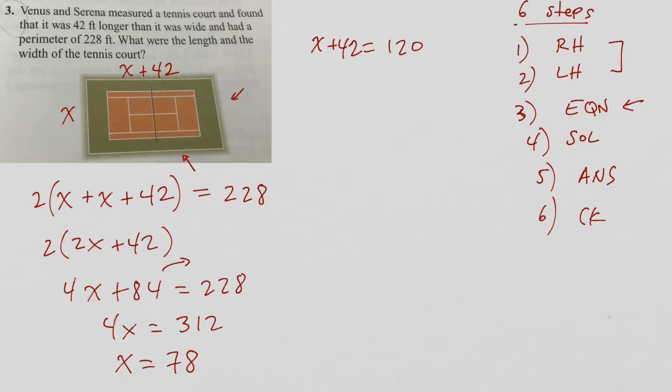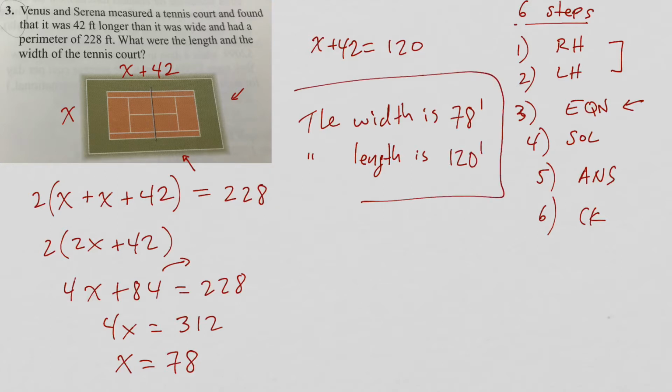So now we need to answer the question. The width is 78 feet. That one little hyphen there is a foot. The length is 120 feet. So there's the answer.